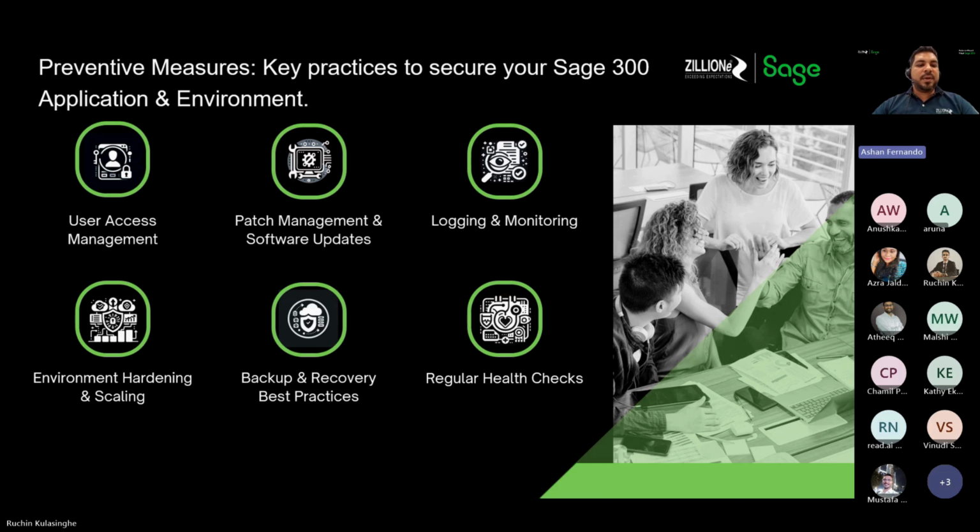And next point, patch management and software updates. As I mentioned earlier, this is a very important thing, because if you are not updating your Sage 300 environment, it will be more risky. As you know, even the Sage support team internationally recommends an upgrade project every 2 to 3 years for Sage 300.